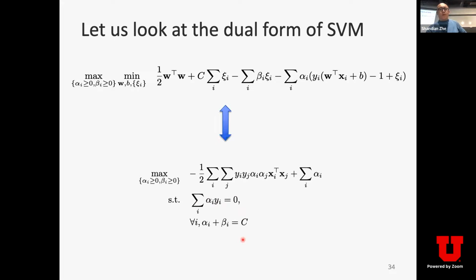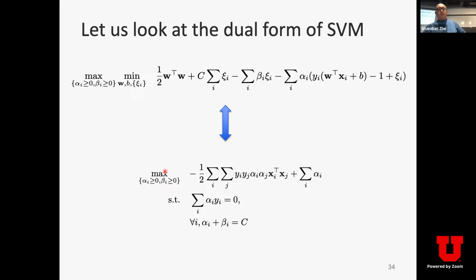That's why when we simplify it, we also need to add these 2 constraints, because they come from solving the inner minimization problem. And then we can reduce our max-min problem into a one-level maximization problem.